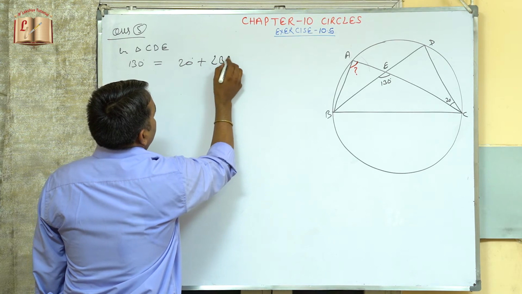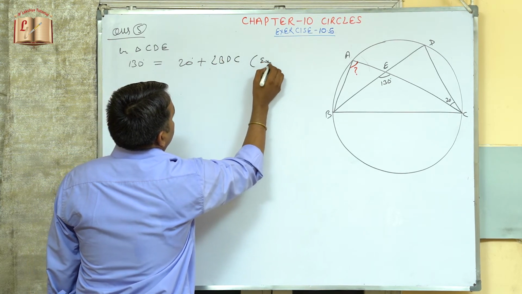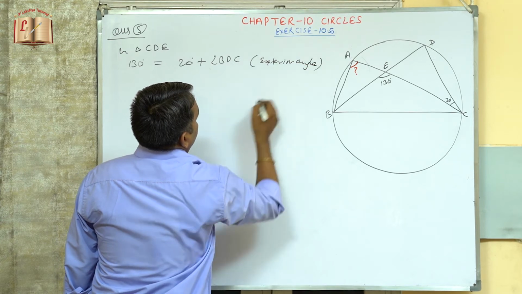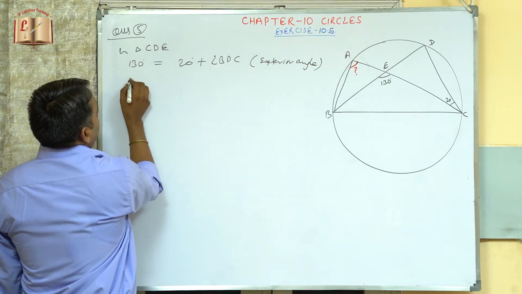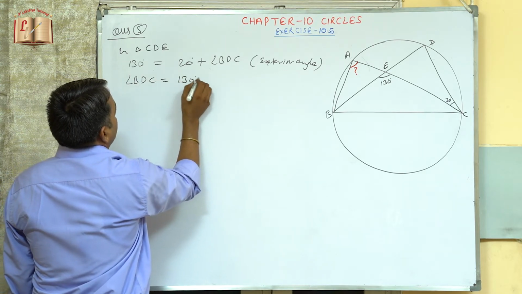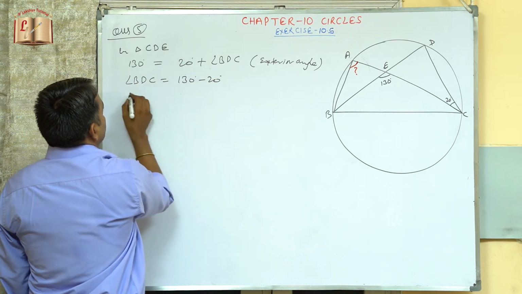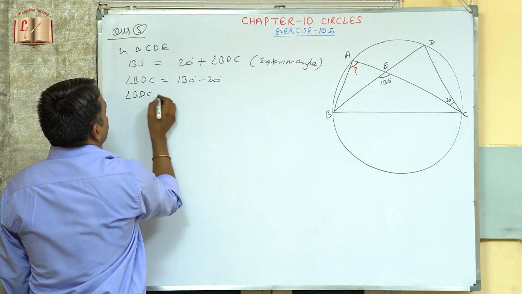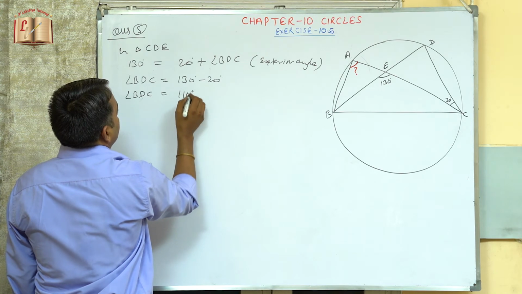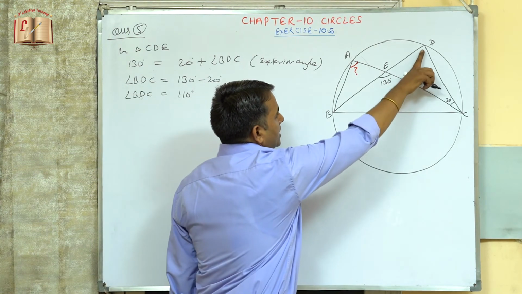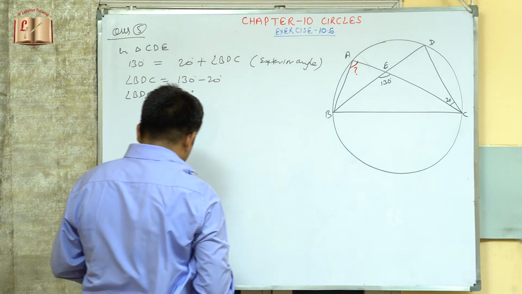This is the exterior angle. So we get angle BDC will be equal to 130 minus 20. So angle BDC will be equal to 110 degree. So we got this BDC as 110 degree.